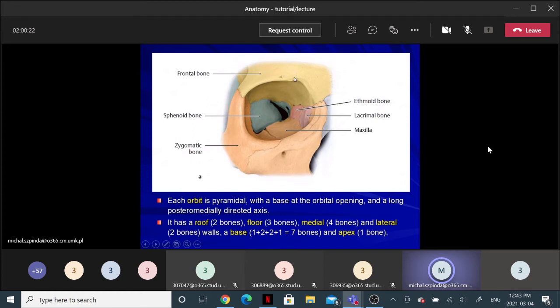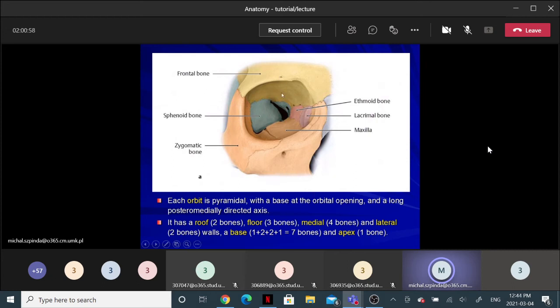Furthermore, medially, we may have either a frontal notch or frontal foramen. If the frontal foramen is present, we have the frontal canal. Through these 2 foramina, supraorbital and frontal, the orbit communicates with the forehead.